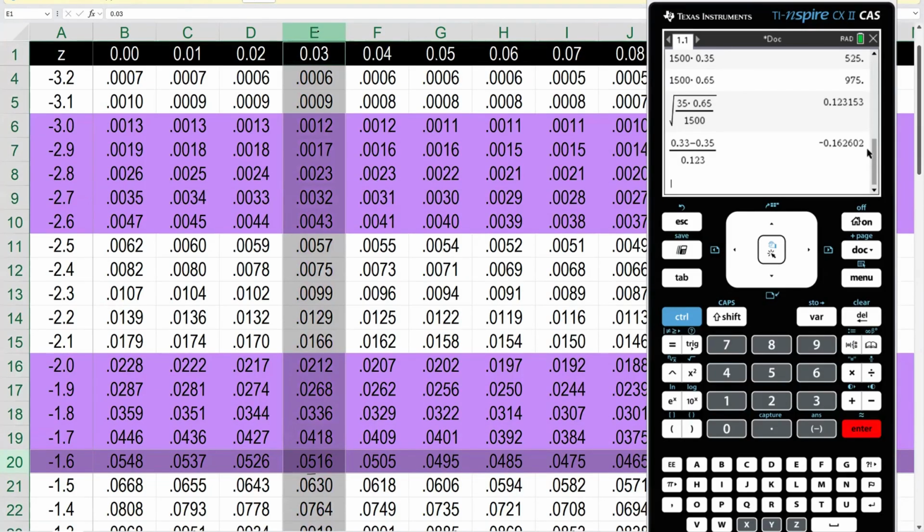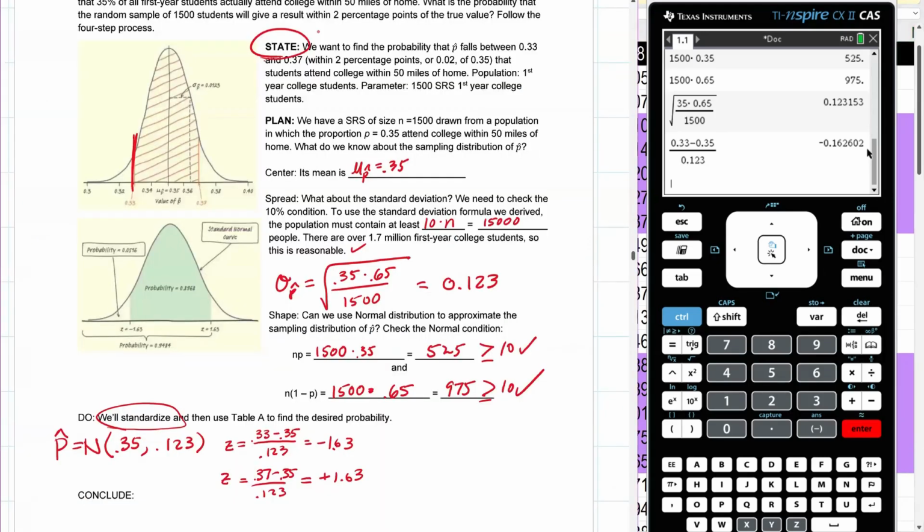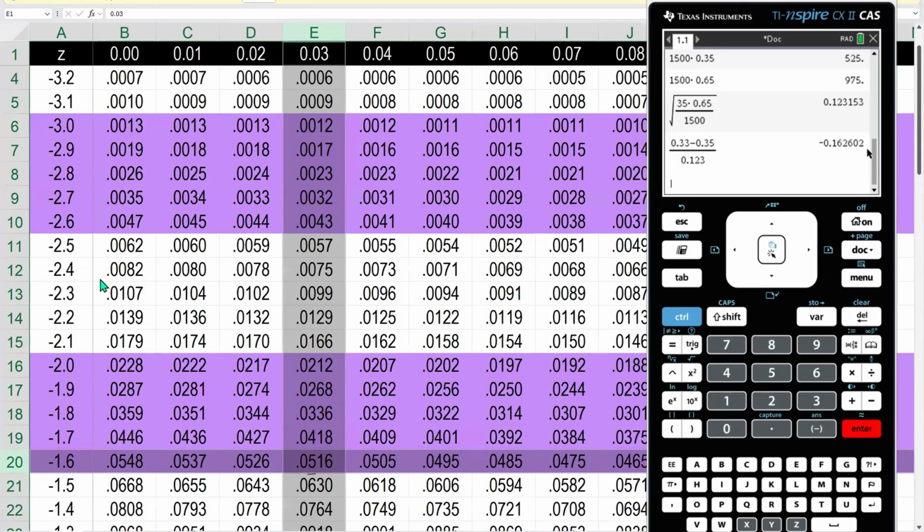That looks to be about 0.0516. Probability that z is between negative 1.63 and positive 1.63 is going to be something minus 0.0516. The upper bound, we go back to the table.